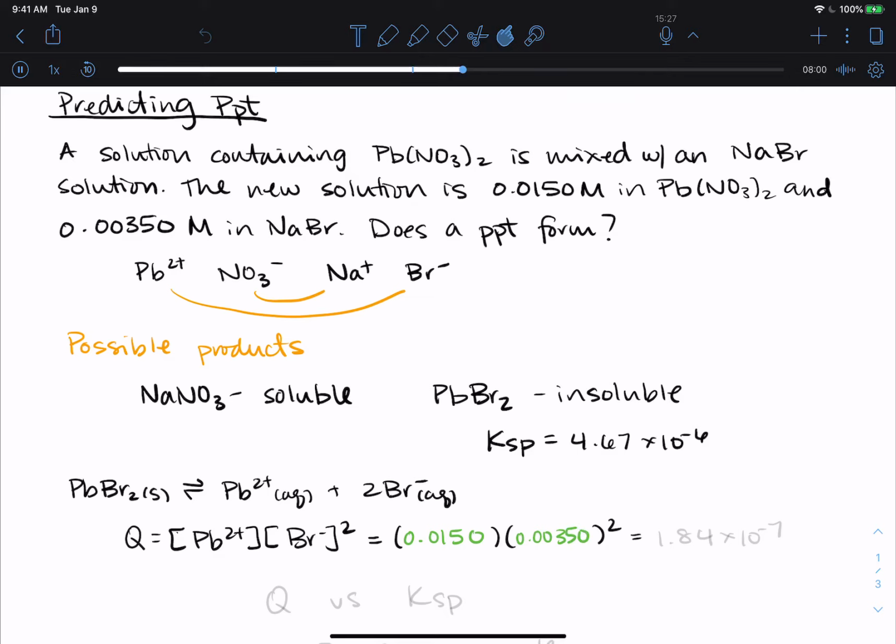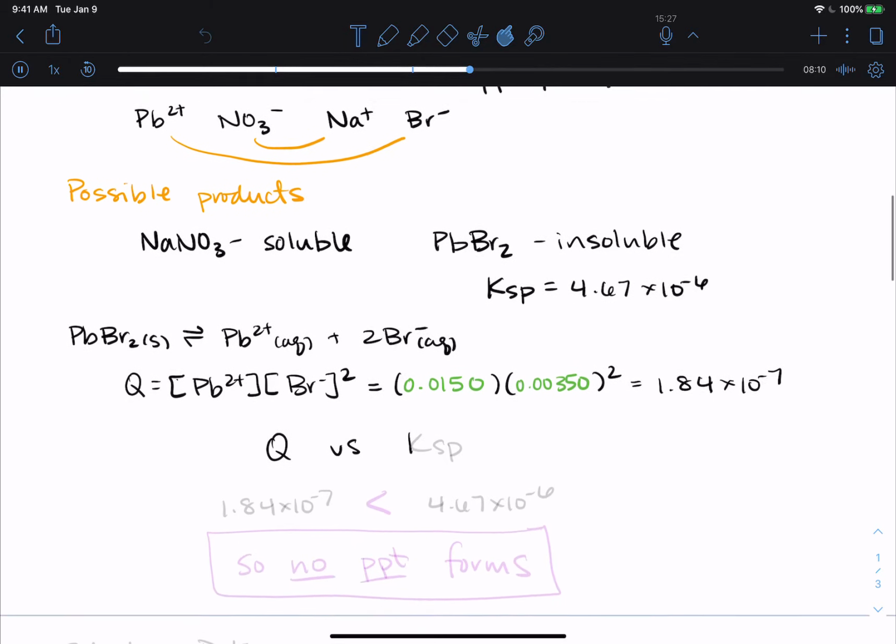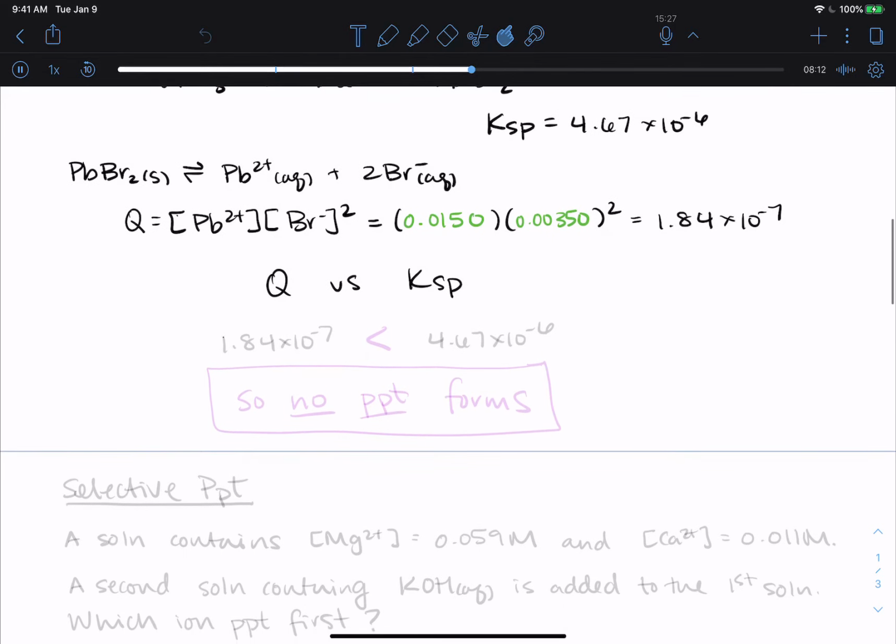So this Q value is 1.84 times 10 to the minus 7. So we're doing Q versus KSP. 1.84 times 10 to the minus 7 versus my KSP, which was 4.67 times 10 to the minus 6th. This Q value is less than my KSP. So I mixed together two solutions.